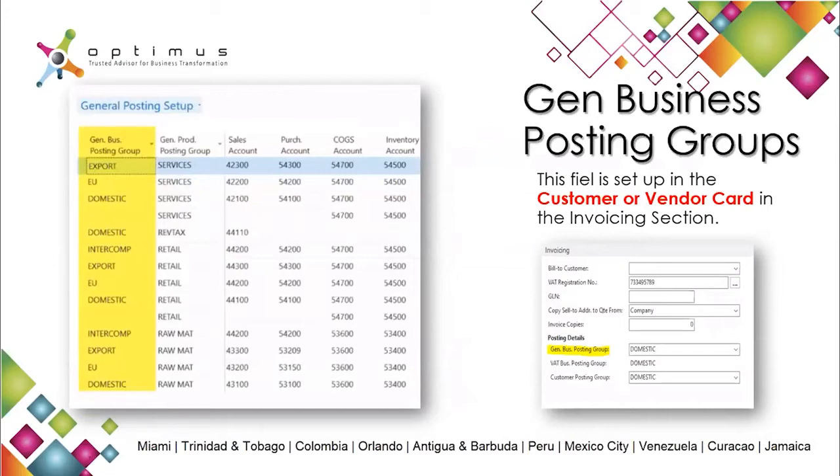The first column for the general posting setup will be the general business posting group, talking about, as an example, sales or purchases only. Okay, this field is set up in the customer or vendor card as well. So in the first column that you can see here in yellow, this is the question: who?